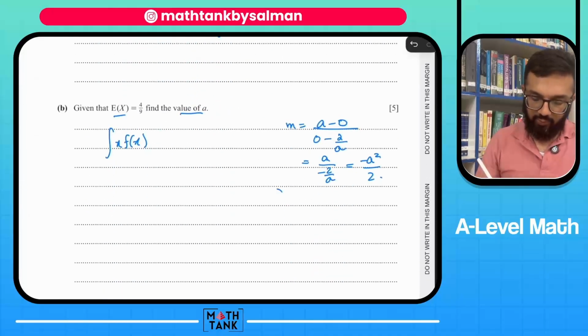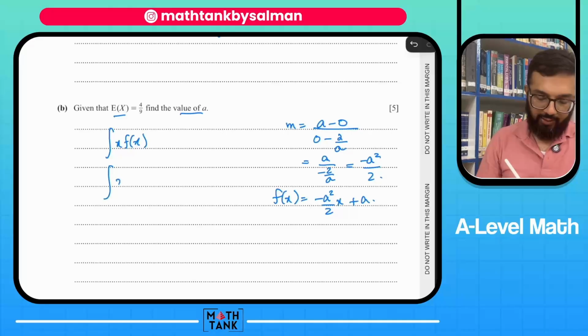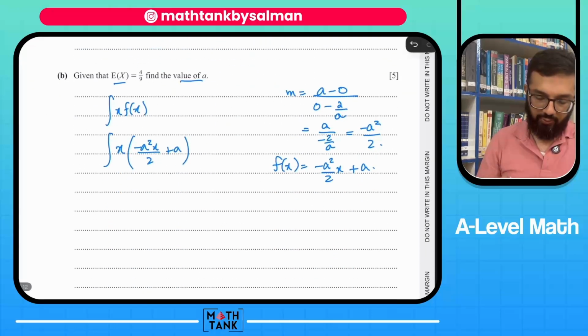So the function is going to be f of x equals mx plus c, which is also A. So x into minus A squared x over 2 plus A. And I'm going to integrate over the entire range 0 to B, which means 0 to 2 over A. Okay, given that, find the value of A. So this is given as 4 over 9.